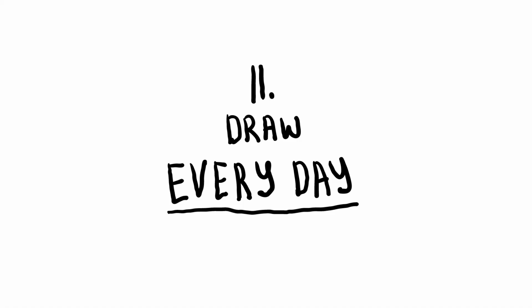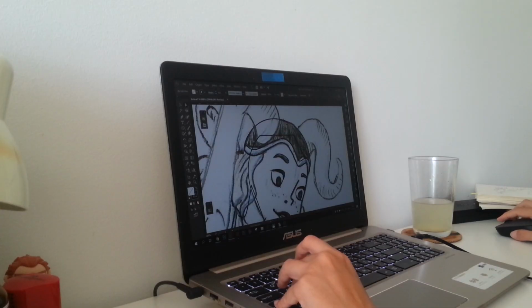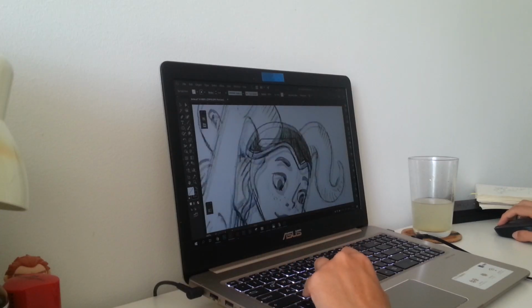The next lesson was that you should draw by hand every day. When I started on this project, I had a really long gap of not drawing by hand. I was drawing a lot, but it was all digital and it was mostly either tracing old sketches or drawing without drawing.